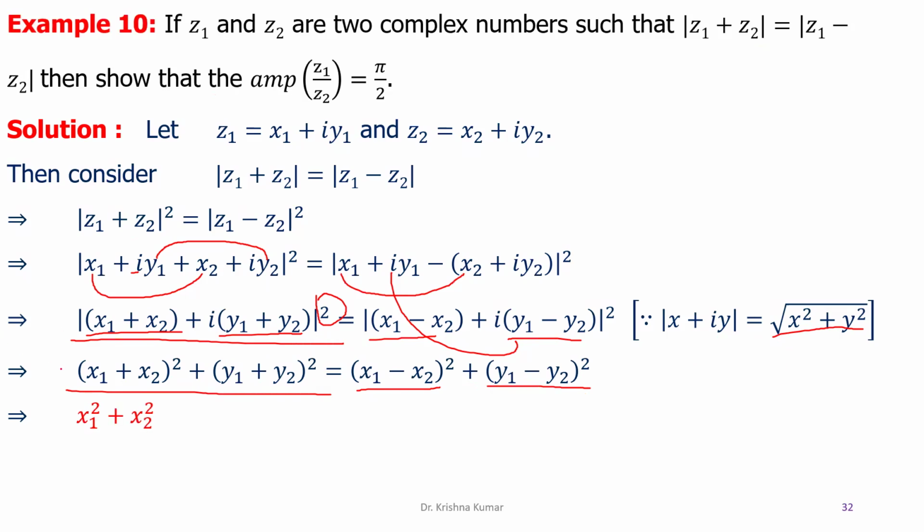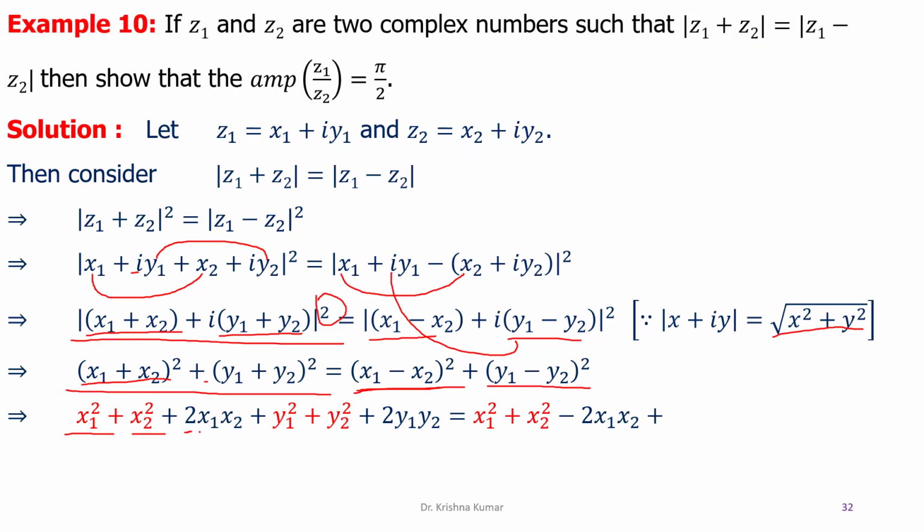Let us apply the formula a plus b whole square and a minus b whole square. Then x1 plus x2 whole square is x1 square plus x2 square plus 2x1x2. Similarly, y1 plus y2 whole square equals y1 square plus y2 square plus 2y1y2.